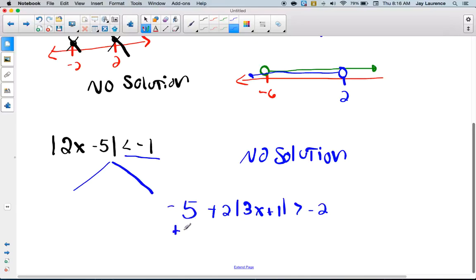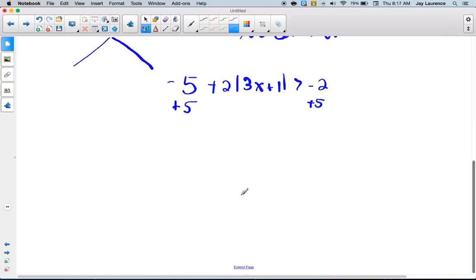So if I add 5 to both sides, I end up with 2 times the absolute value of 3x plus 1, which is greater than 3.